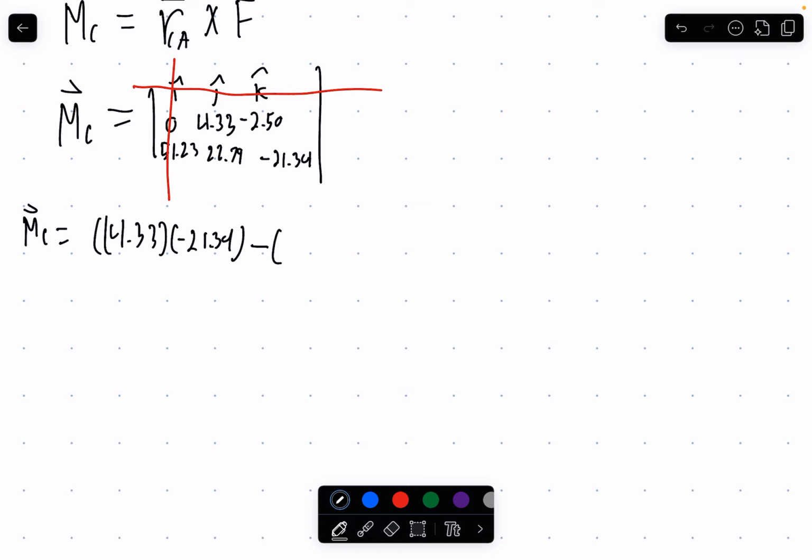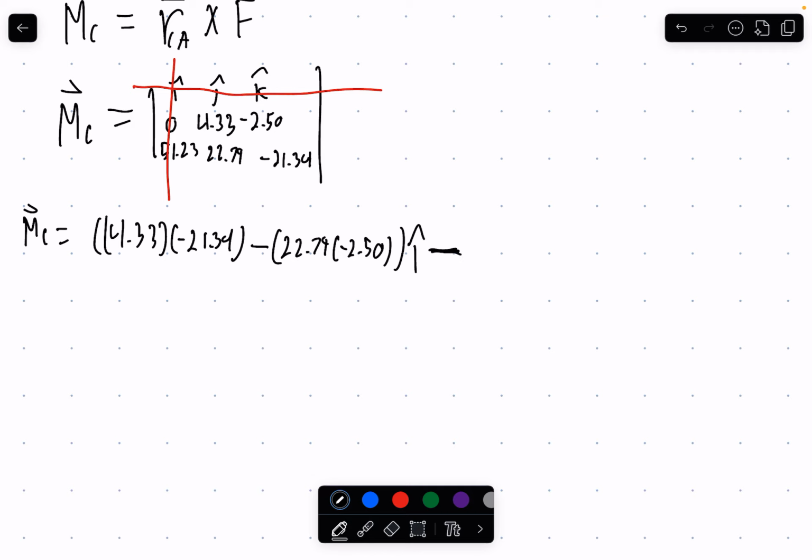Subtract, and multiply these two numbers together right here, 22.79 multiplied by negative 2.5. And that's all going to be in the i hat direction.